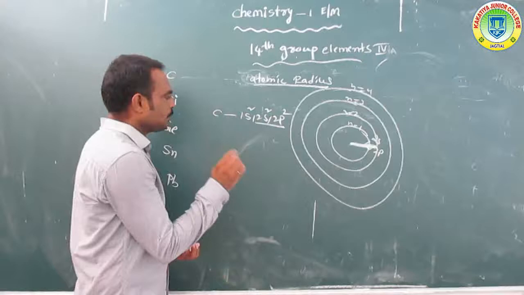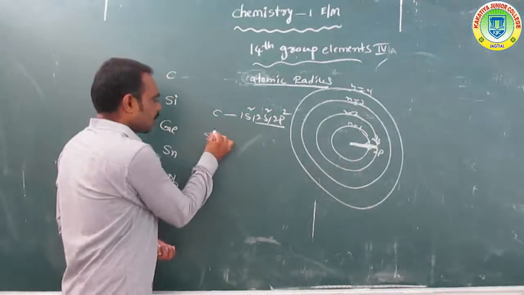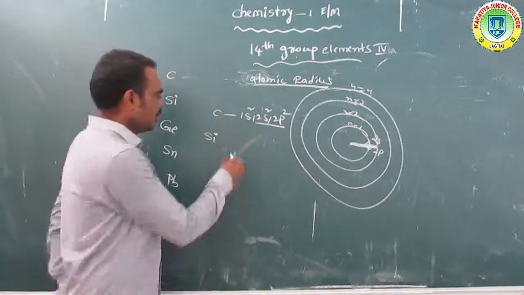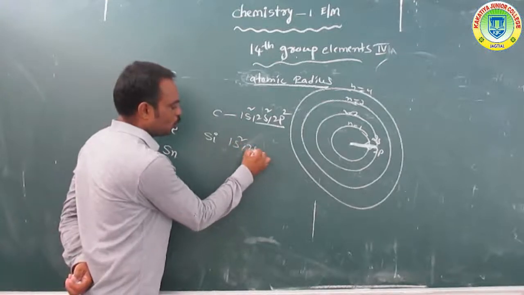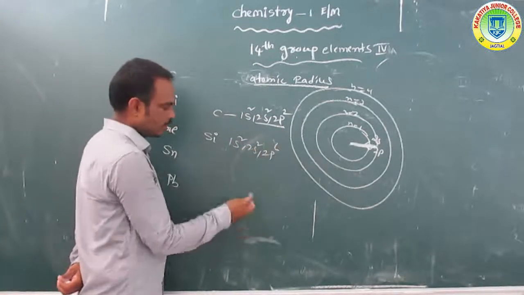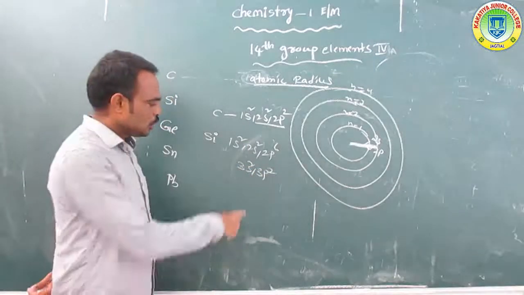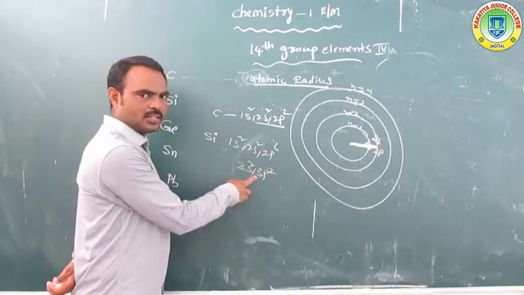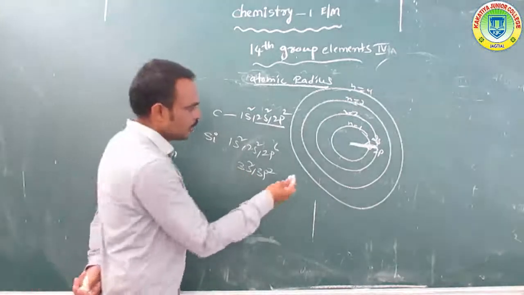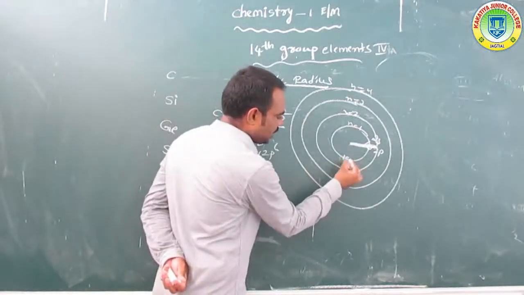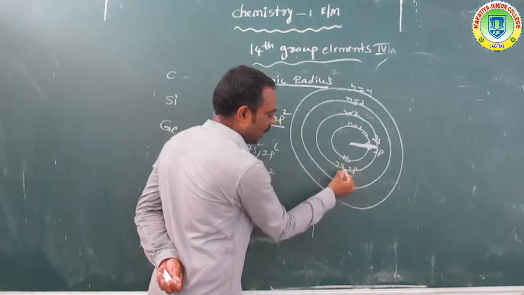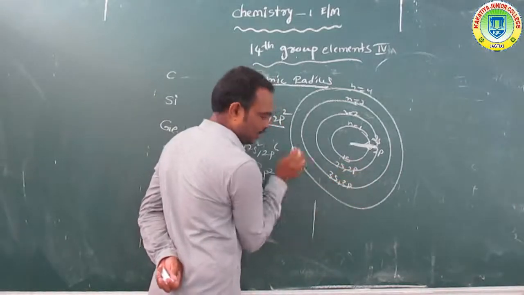Okay, so suppose we have taken silicon. It is 1s2, 2s2, 2p6 and 3s2, 3p2. So which shell is the outer one? Third shell. So overall 1s, 2s, 2p, 3s, 3p.